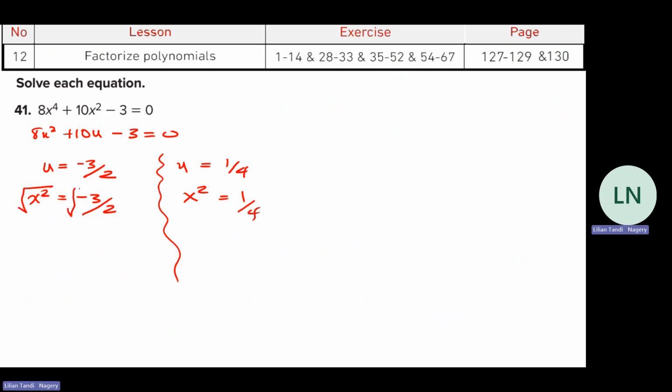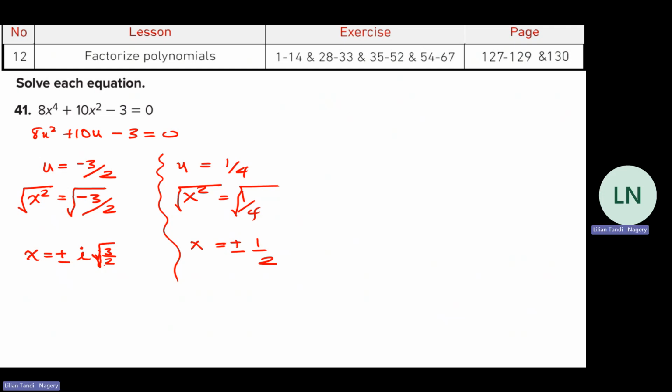Square root both sides of your equation. For the first u, you should get x equals plus or minus i root 3 over 2, like that. And then here you should get x equals plus or minus half. Okay?